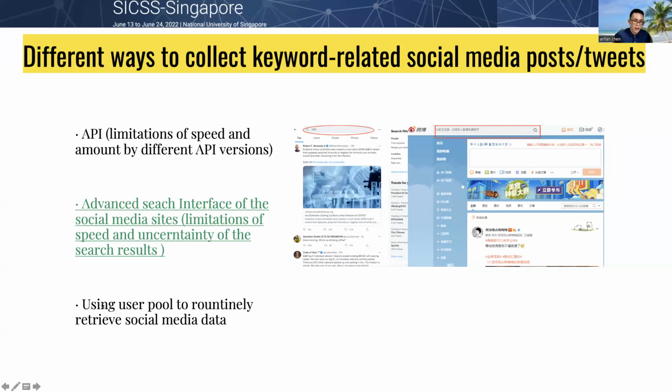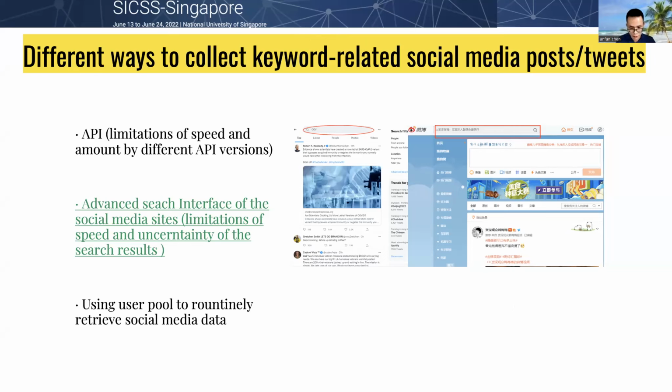And I also proposed another way to collect the posts on Weibo we need for the research. This is using a user pool to continuously retrieve the social media data from the social media platforms.